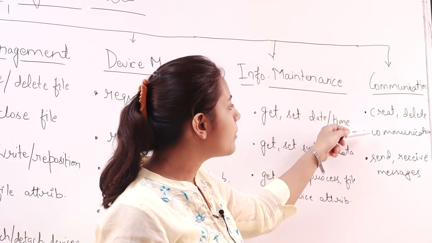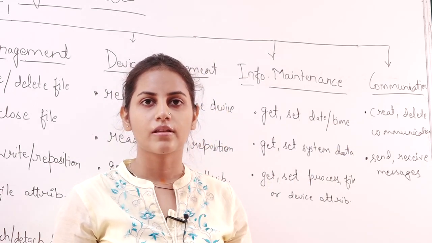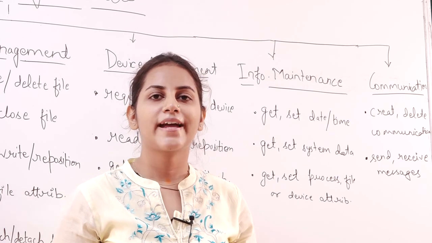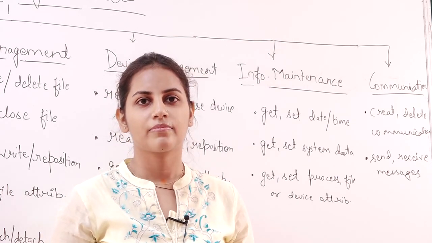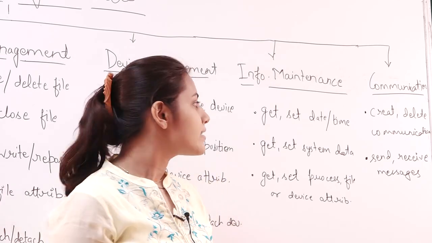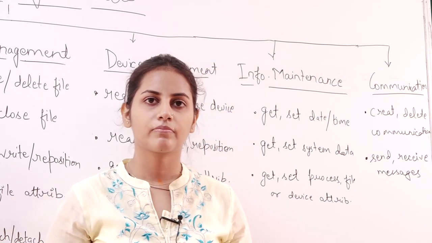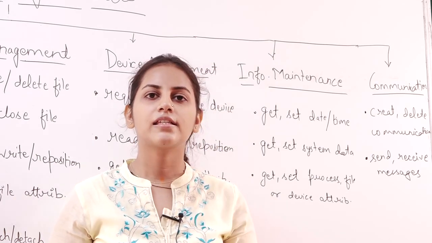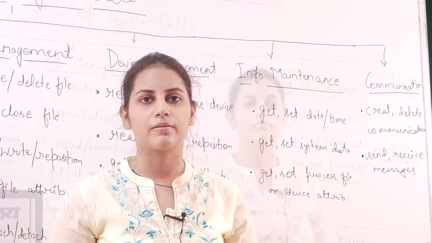Create and delete communication system calls are provided for doing this. After the communication link has been established, the messages can be exchanged. For this, system calls such as send and receive messages are also provided. Then there are system calls for terminating the communication after it has been completed.